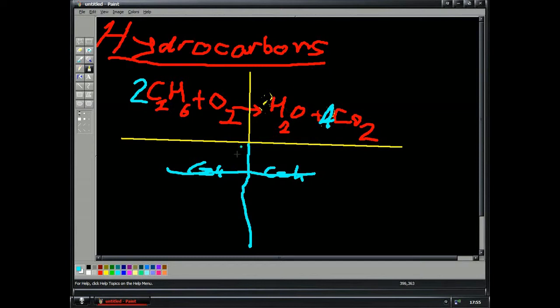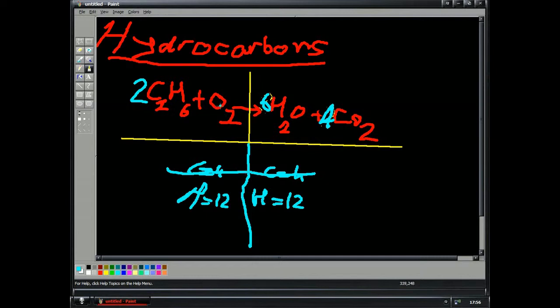Then you do 6 times 2 because there's H6 times 2, and that gives you 12 hydrogen atoms, and then you halve that, and that gives you 6. So you put 6 there, so the hydrogen atoms are balanced. Now you do the same step for the oxygen.